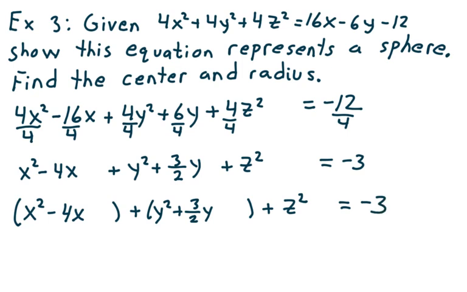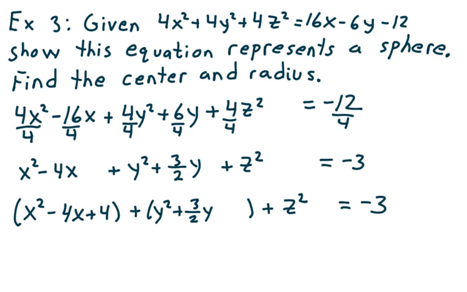So what do I have to add to x² − 4x to get a perfect square? The answer is I need to add 4, because half of −4 is −2, and when I take −2 and square it, I get 4.